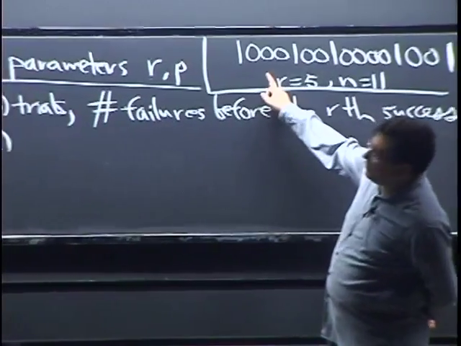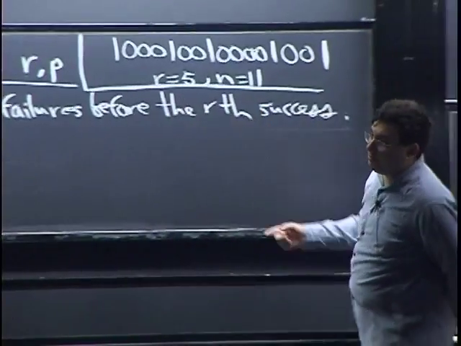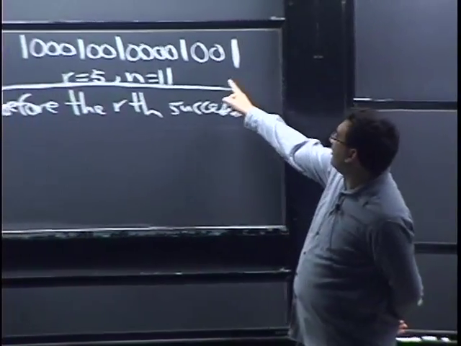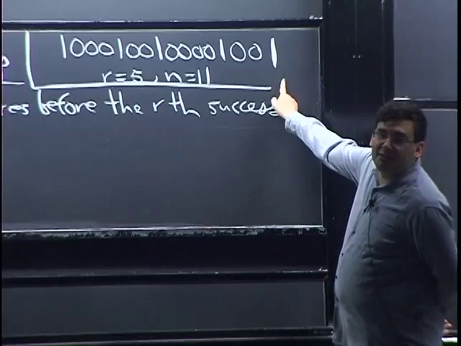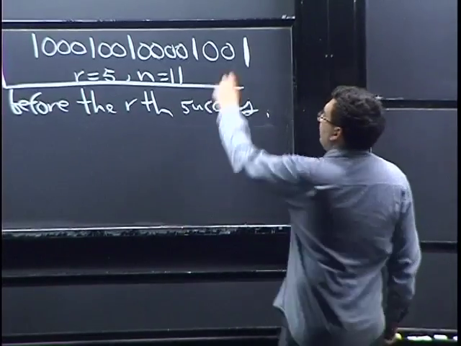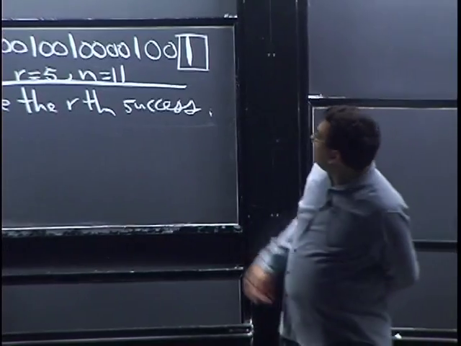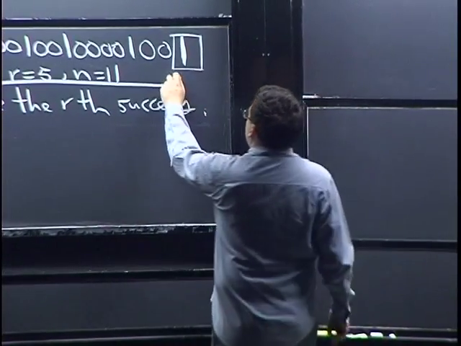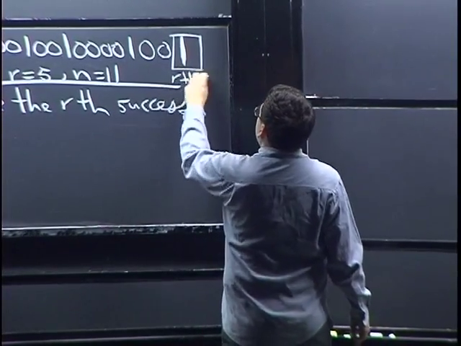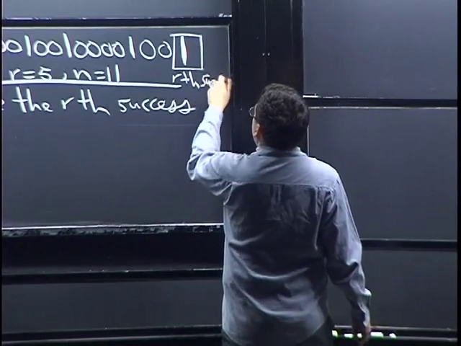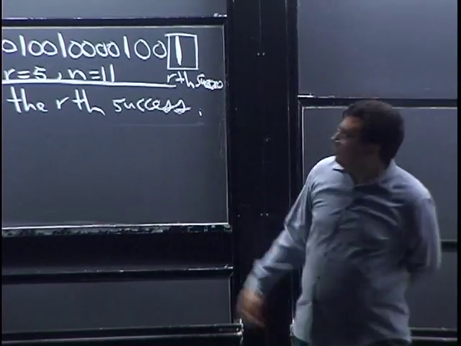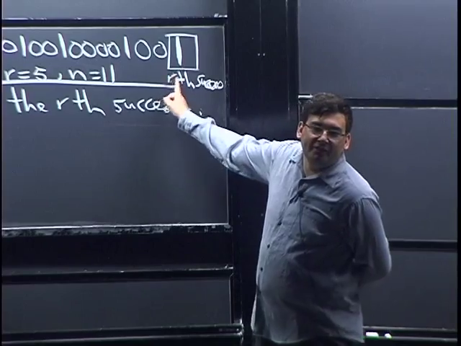All right, now notice one very important, simple but important fact about this sequence. It ends in a 1, right? That's the rth success right there. That could not have been a 0, right?